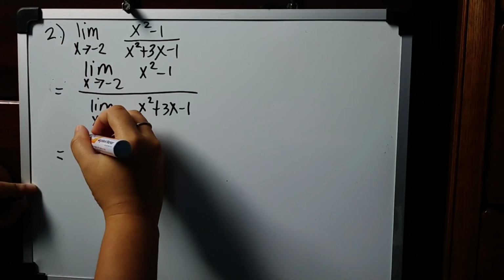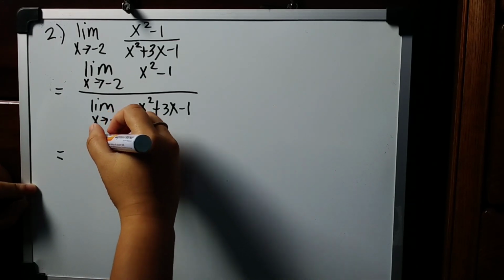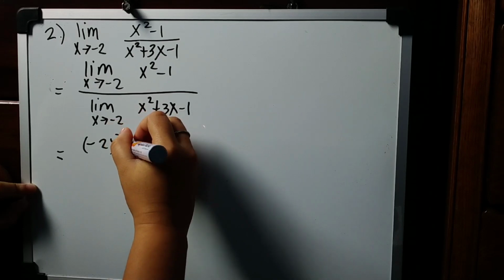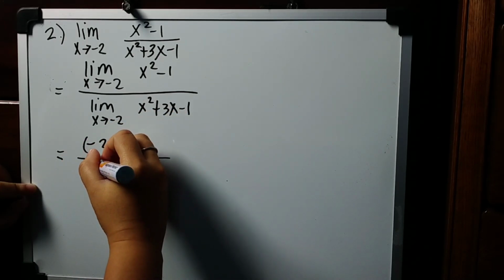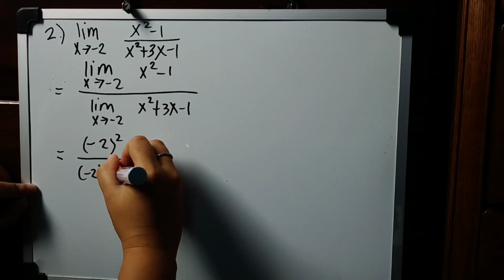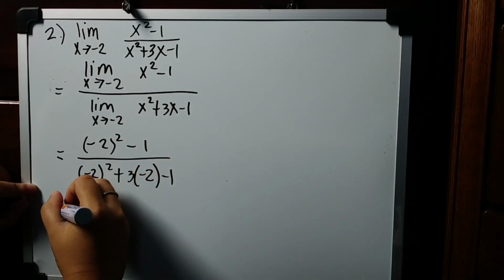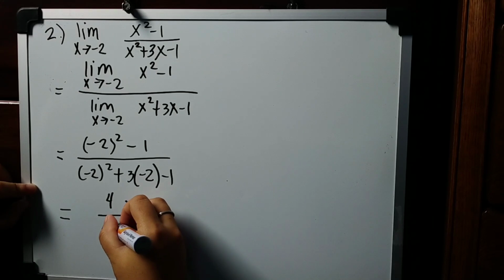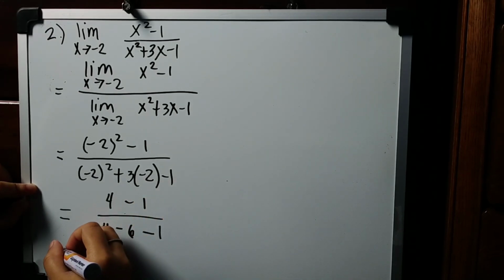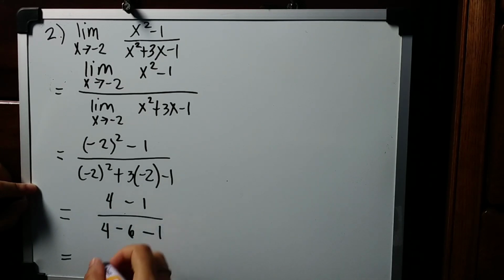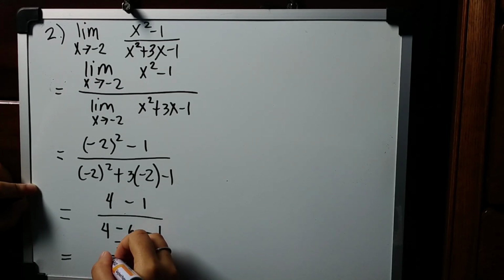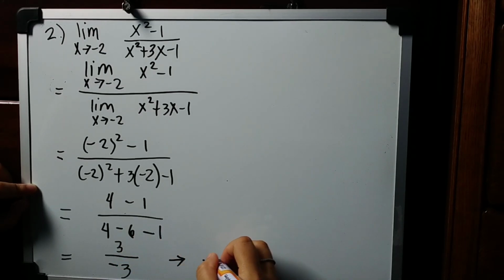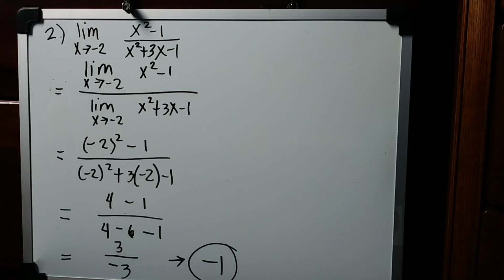Then we are going to substitute the value of x, which is negative 2, in the given function. So our limit for number 2 is equal to negative 1.